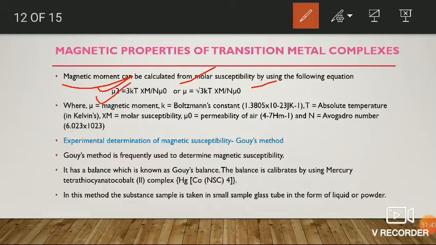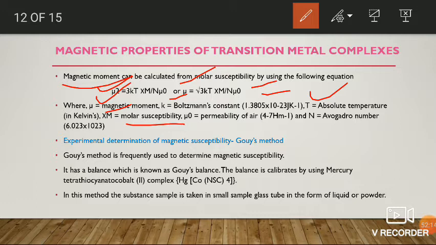Here mu is the magnetic moment, k is the Boltzmann constant. Its value is generally 1.3805 into 10 to the power minus 23 joule per Kelvin. T is the absolute temperature, that is temperature in Kelvin. Chi m is the molar susceptibility, that is the susceptibility of a molecular weight or 1 molar amount of substance.